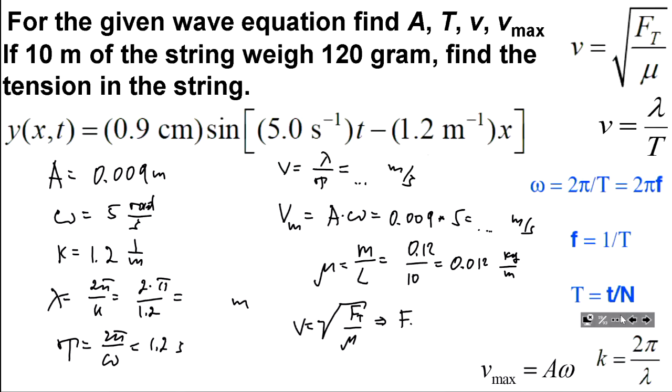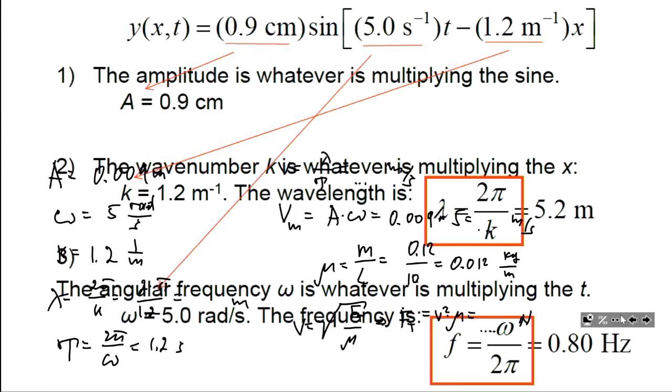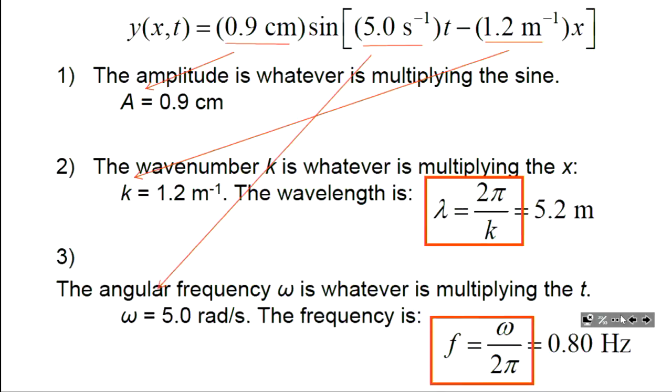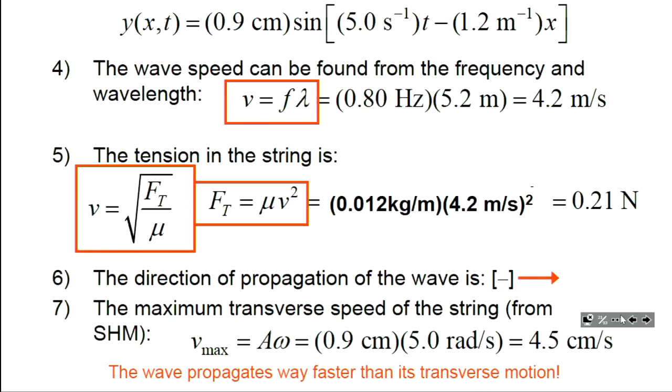That is how we can calculate tension. So this speed squared times density, wherever it is, newtons. So I do have all the answers, all the numbers, including the speed and the tension.